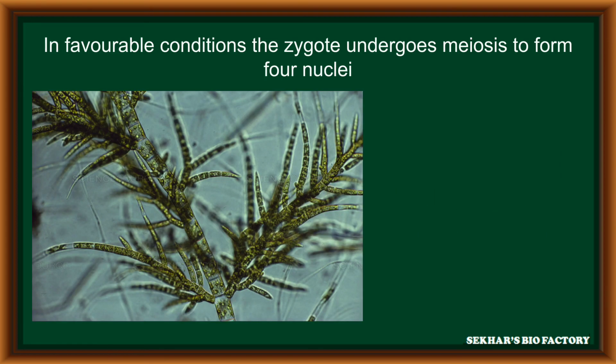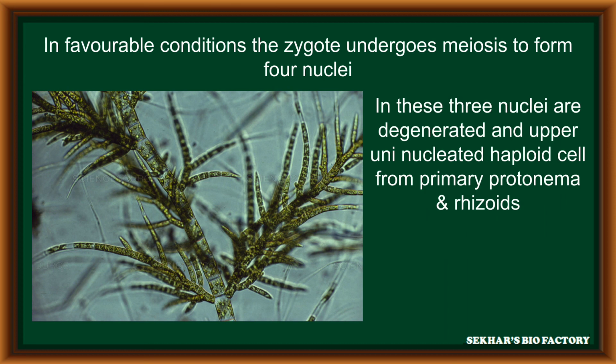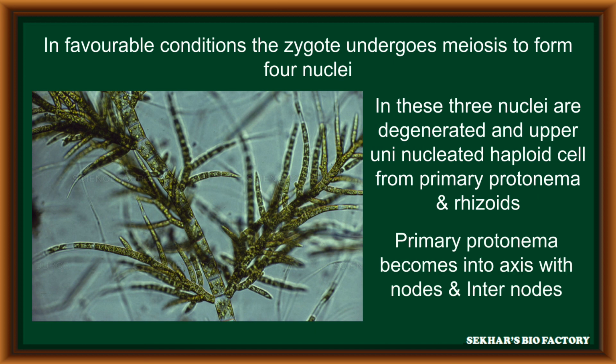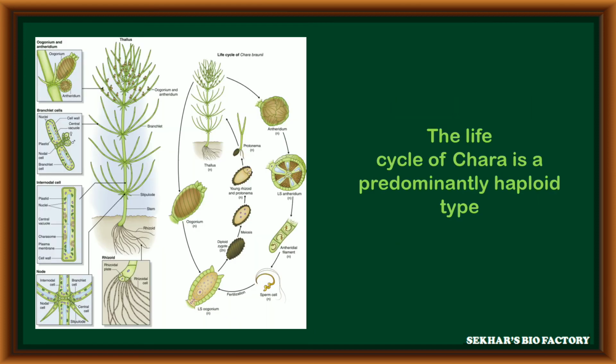In favorable conditions, the zygote undergoes meiosis to form 4 nuclei. Then it becomes divided into cells. Of these, 3 nuclei degenerate and the upper one becomes a uninucleate haploid cell. Now it forms the primary protonema and rhizoids. The primary protonema becomes an axis with nodes and internodes.